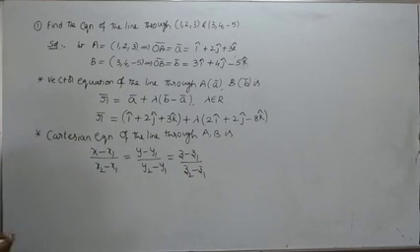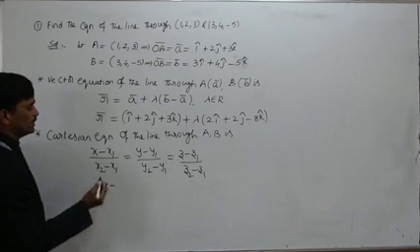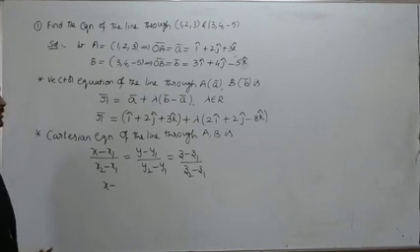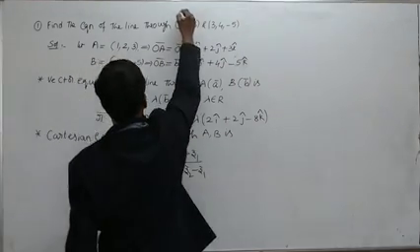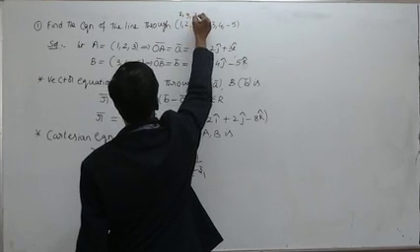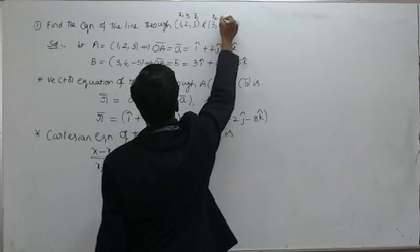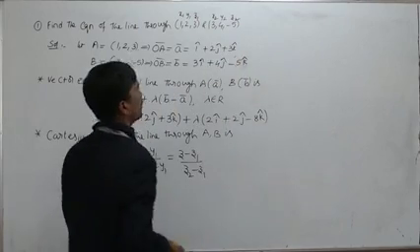So here what are x1, y1, z1 and x2, y2, z2? x1, y1, z1 are the coordinates of the first point. x2, y2, z2 are the coordinates of the second point.